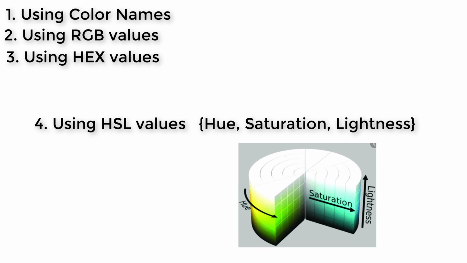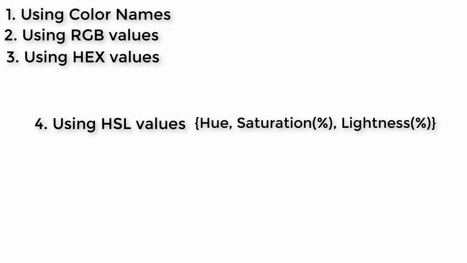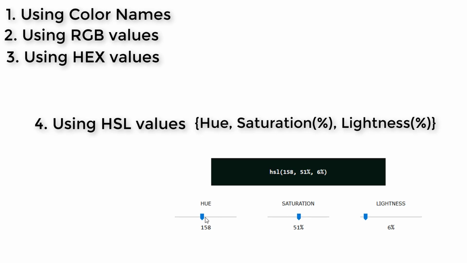The saturation and the lightness are expressed in percentage, whereas the value of hue is from 0 to 359. I'm changing the value of hue, saturation, and lightness. See how the color changes when we change these values.